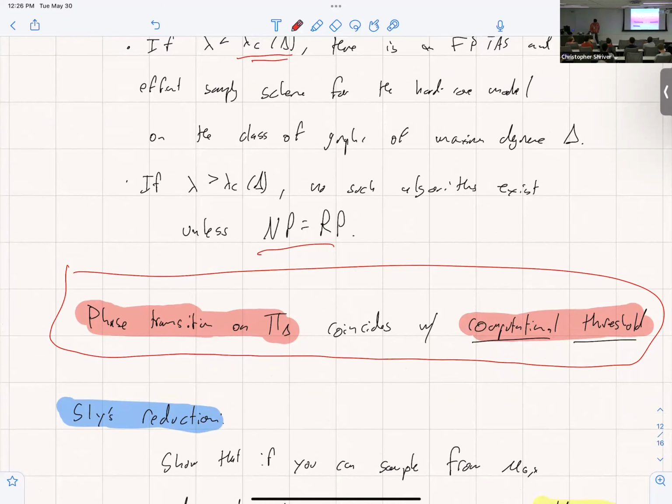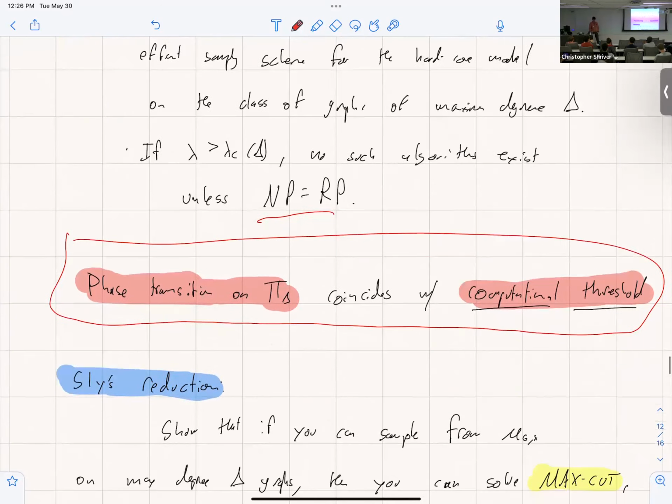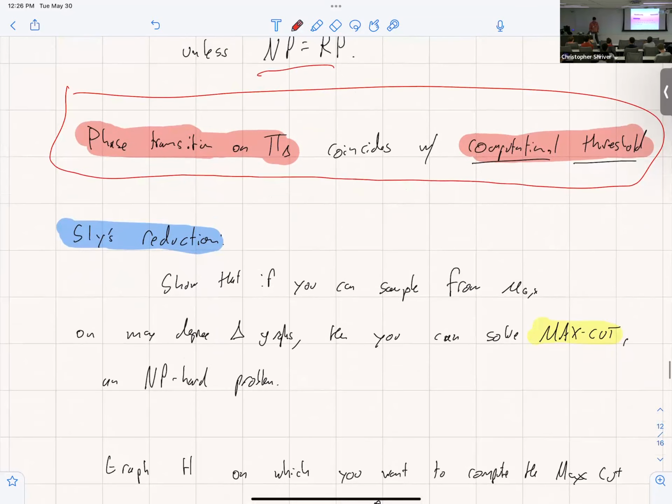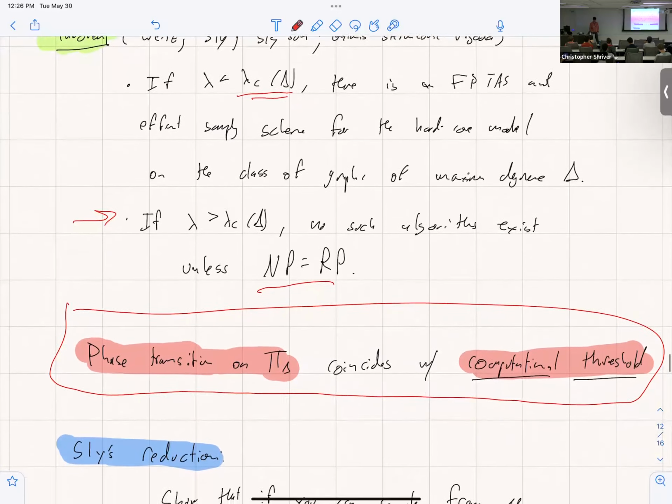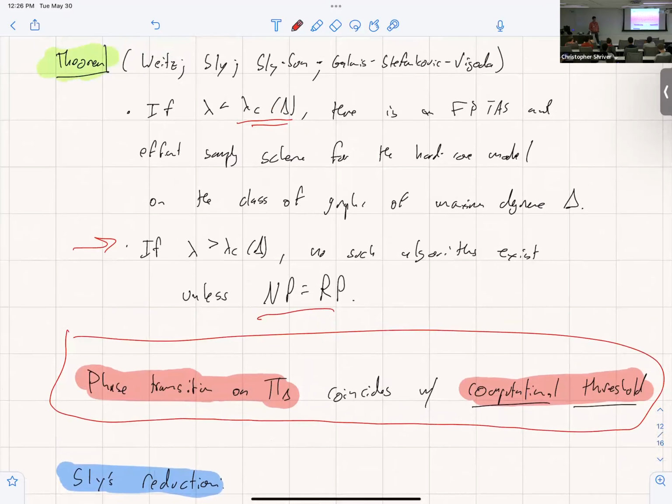And so in the last 3 minutes, I'll give you a really high level sketch of Sly's reduction. And so what did he show? So this is just the one side. This is the hardness side. Horace later today will tell you about Weitz, how you got the algorithm.